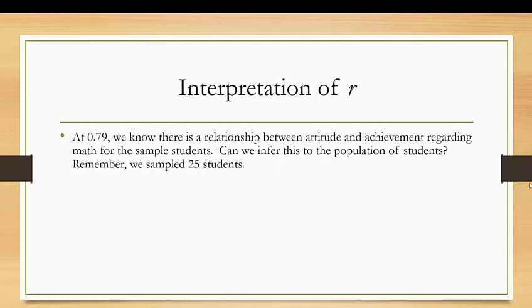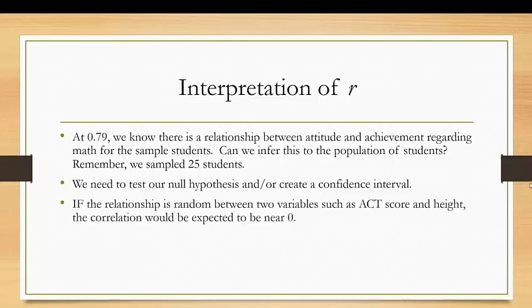So we need to first of all remember that what we're testing is our null hypothesis, and then we're going to do a test, and then we're going to create what we call the confidence interval, which you already know what that is. Okay, so if the relationship is random, let's say we want to look at the relationship between ACT scores and height.